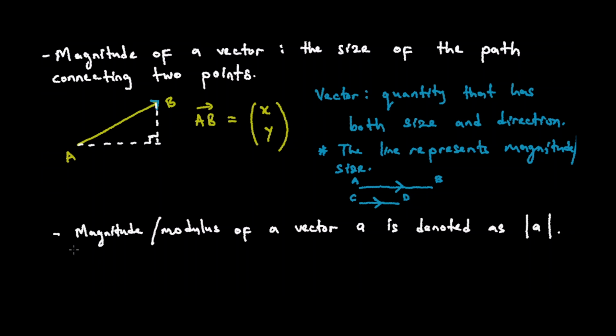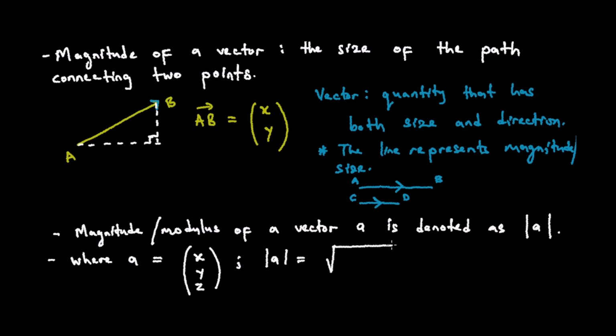Okay, tovatazoti where A is equal to, it's a three-dimensional vector, x, y, z. The size, the magnitude, the modulus of A is going to be equal to, using the Pythagoras theorem, the square root of x squared plus y squared plus z squared.